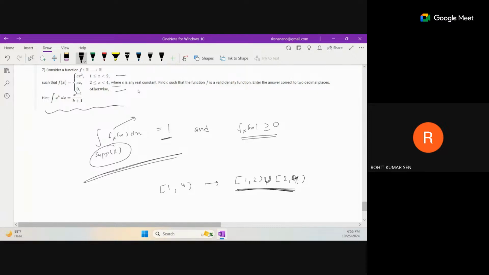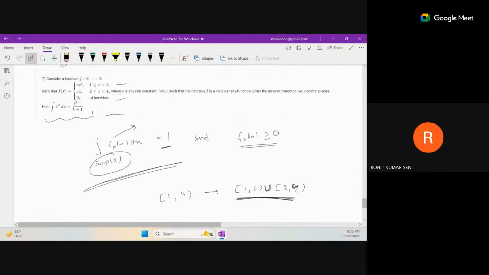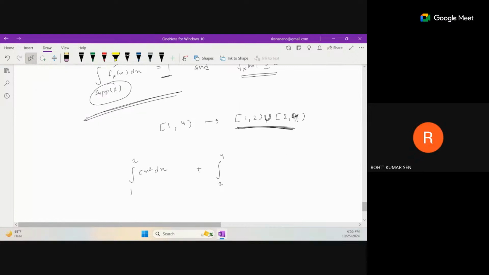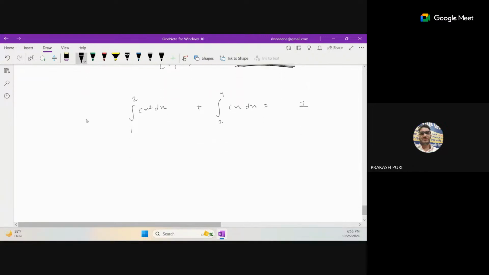I will integrate in this support. First I will integrate from 1 to 2, then from 2 to 4. From 1 to 2, what is my function? Cx square. From 2 to 4, Cx. dx, and it is going to be equal to 1.